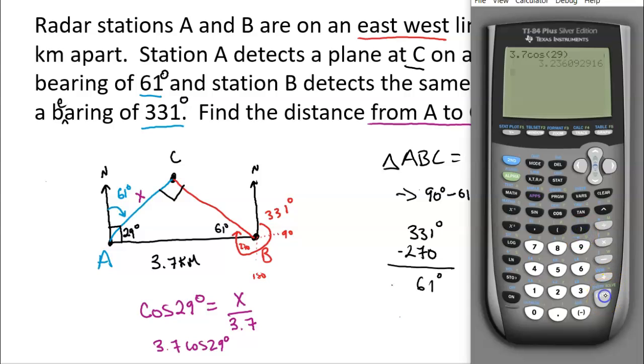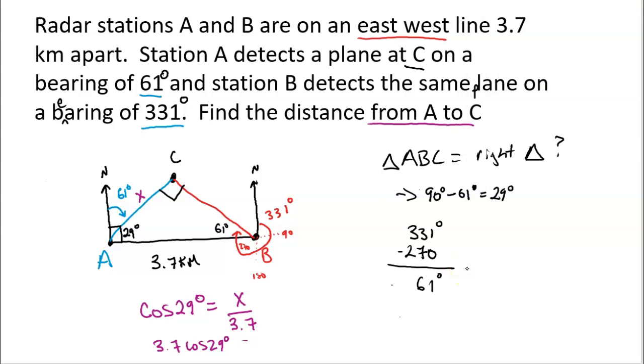My distance is about 3.23 as my x. So I'm going to say that my x is about 3.2 kilometers. And that makes sense, it's smaller than our hypotenuse.